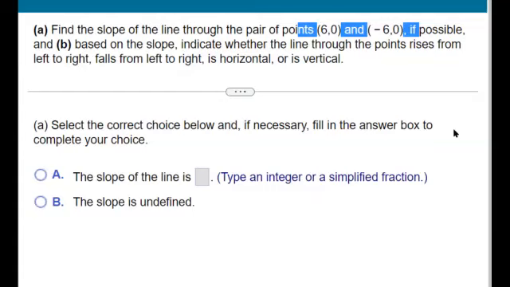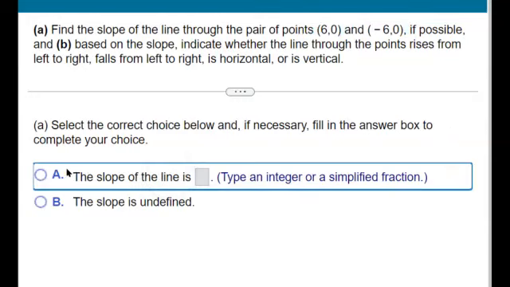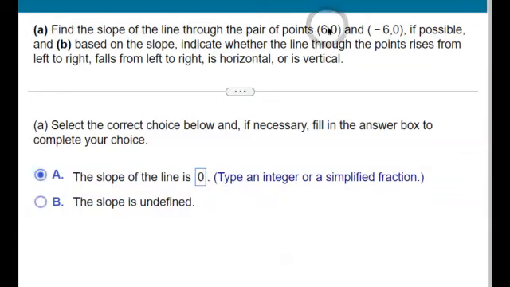Zero. It's 0. The slope of this line is 0. It's a horizontal line. In fact, since the y value that it goes through is 0, this line is the x-axis.